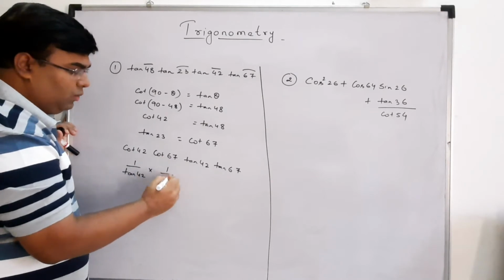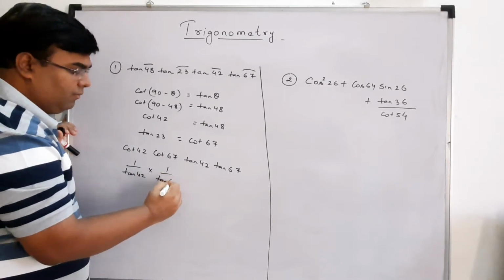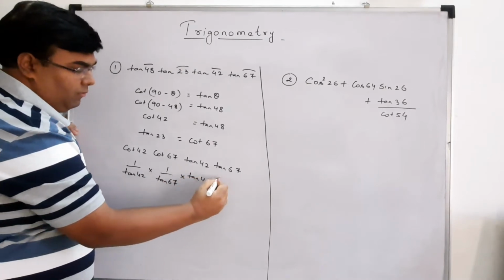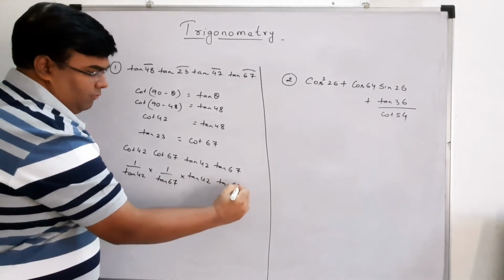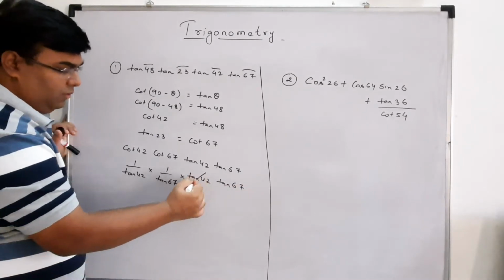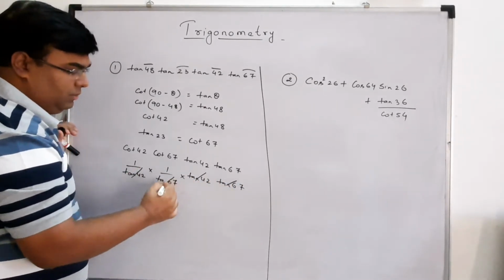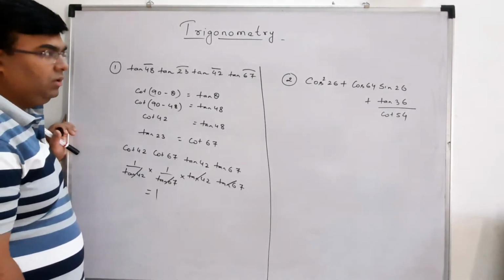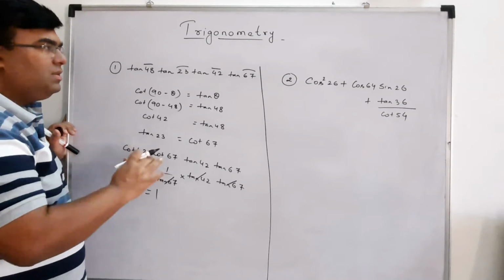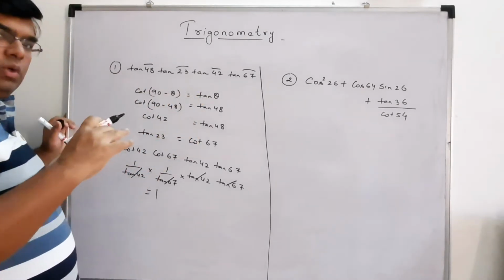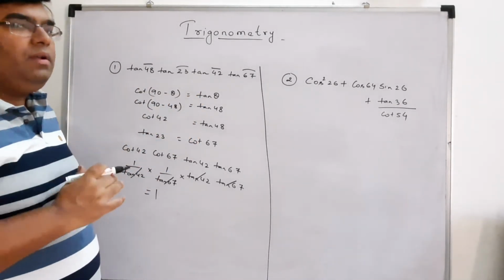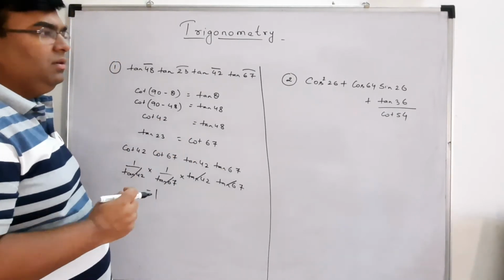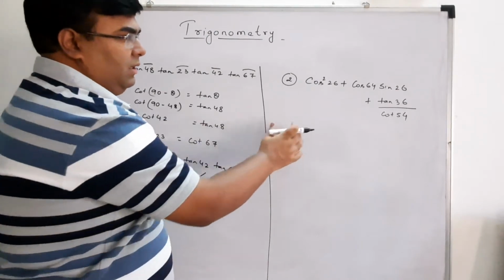Cot 67 is 1 upon tan 67. So all the terms will get cancelled and the answer will be 1. In this way you can always convert one ratio to another ratio using our relationships, either the complementary relationship or reciprocal relationships. Okay, let's take the other example.